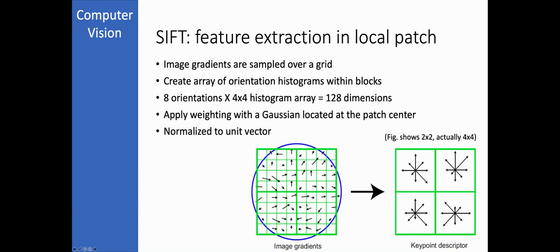Then I apply a weighting with a Gaussian located at the patch center, such that the contribution of the pixels closer to the interest points are larger than the contributions at the outer boundaries. And then I normalize it to a unit vector to compare across images.